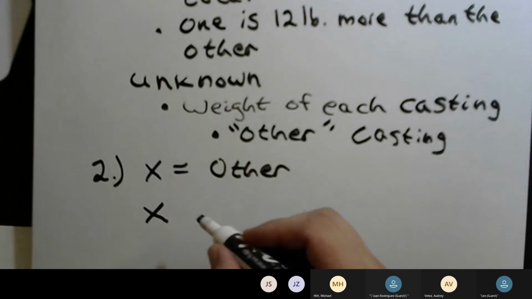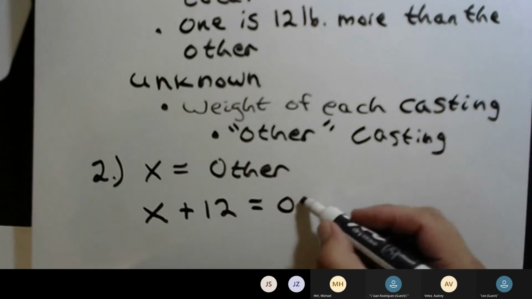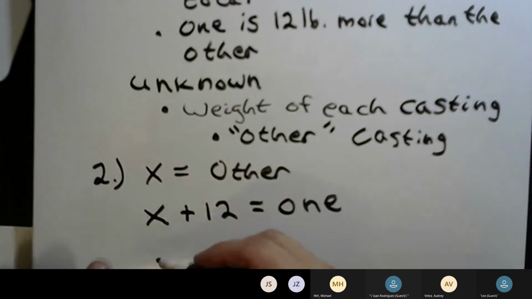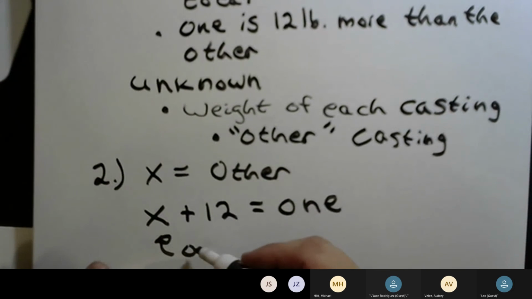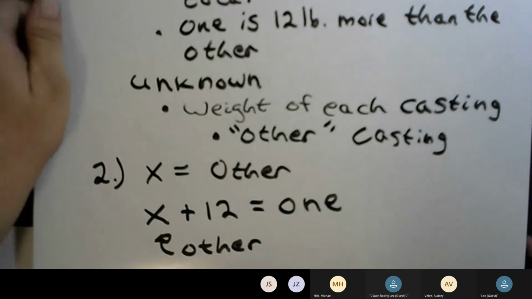That means the other plus 12 is going to be the one. Any questions about that? Remember, x is the other.